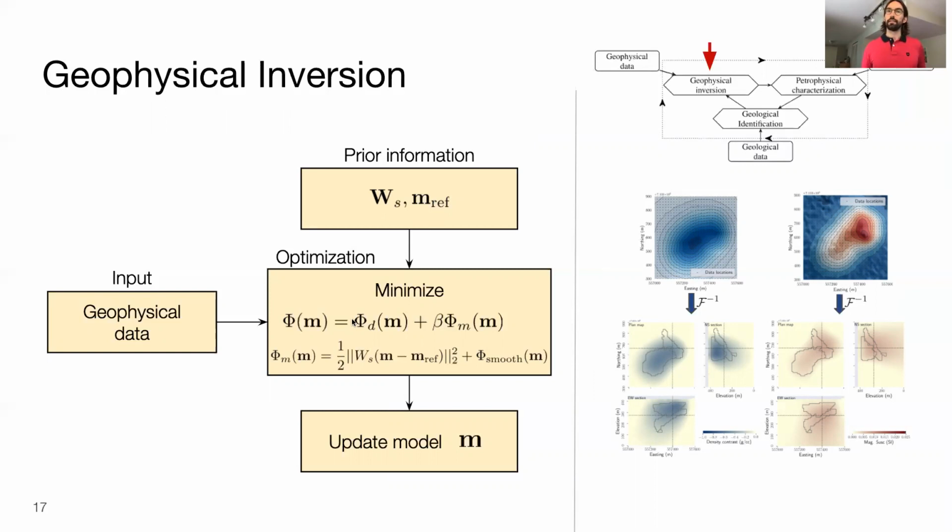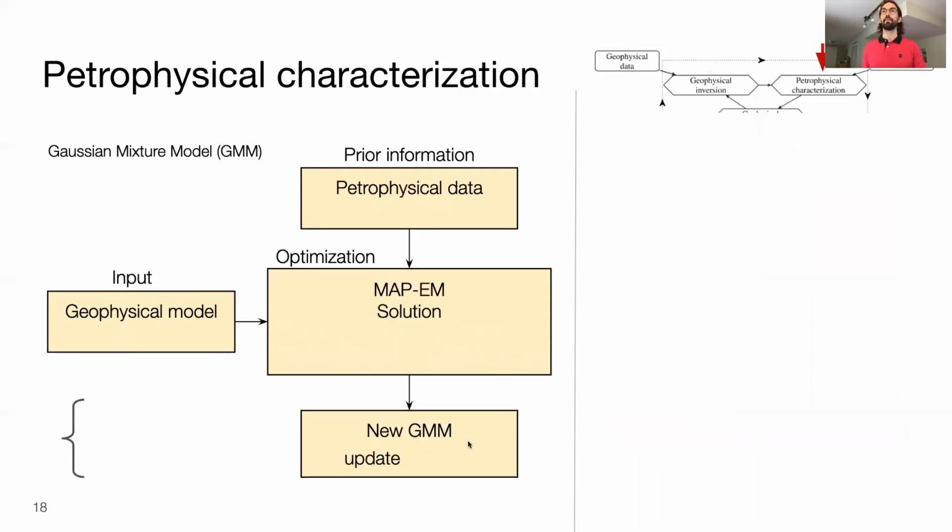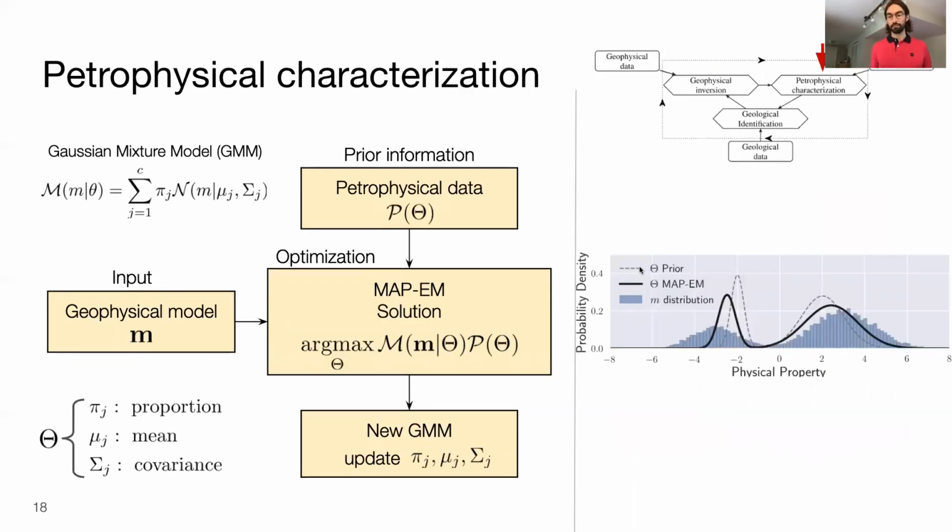Then we take a step of minimizing the objective function with that prior information. Here I'm just solving it as a nonlinear problem. I'm taking one step of the inverse problem, and I get a new model m from that geophysical inversion step. The next step is petrophysical characterization.